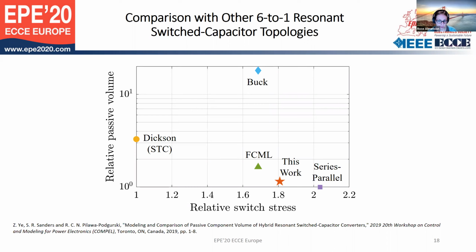If we compare to a traditional buck topology, at the blue diamond, the buck is way above these topologies in passive volume, and on the higher end compared to the Dixon in terms of relative switch stress. So this also underlines the fact that we can get a lot of performance benefits by using these types of hybrid switch capacitor topologies.